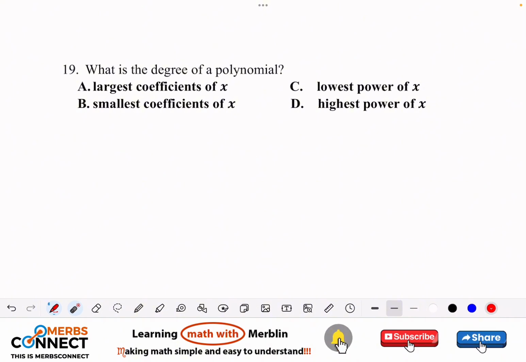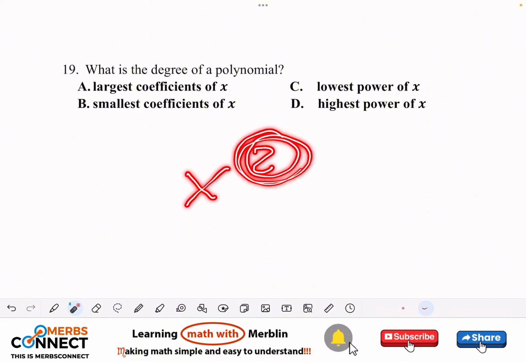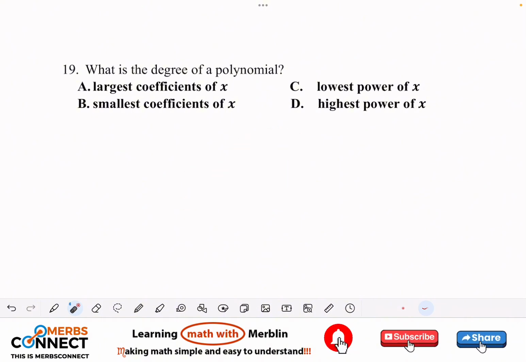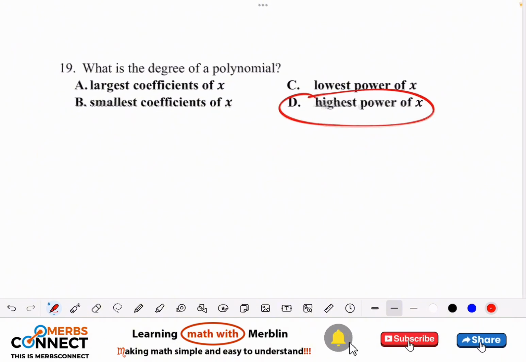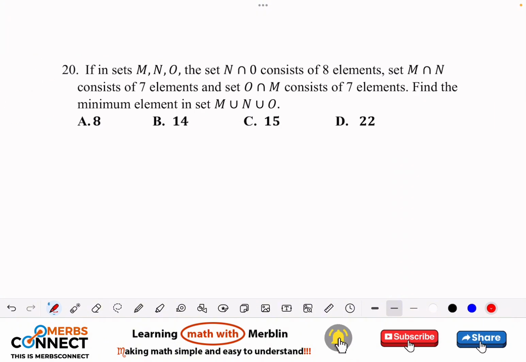So yes, for us to get the degree of the polynomial, we don't need the coefficient, right? They are not the coefficient. The degree is x to the highest power, right? So the highest power of, let's say, a quadratic form is 2. So here, the answer is supposed to be D. So that we know that, okay, this is the highest thing that we are getting. So it's supposed to be D.